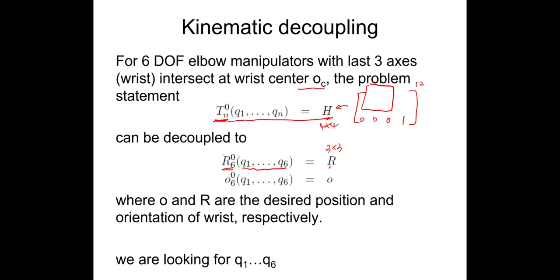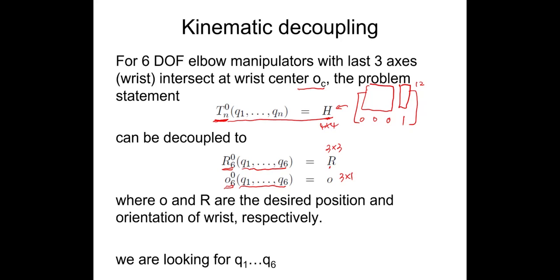And then the second equation we have is the displacement, which is these 3 elements. This O60, again, is a function of the 6 joint variables, and it equals these 3 elements.